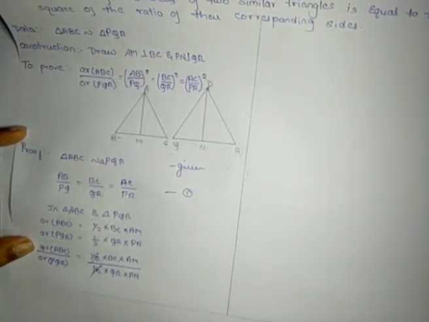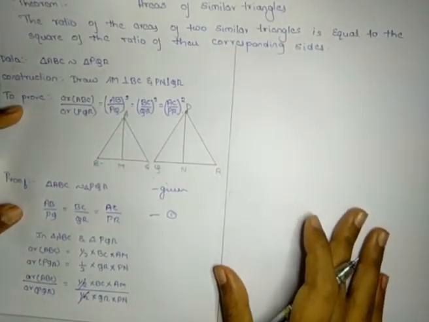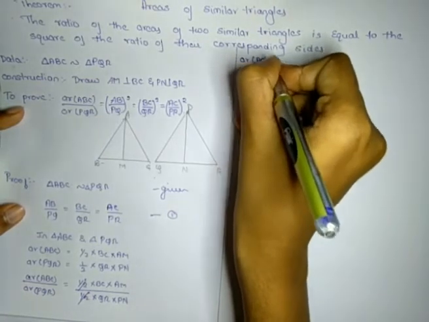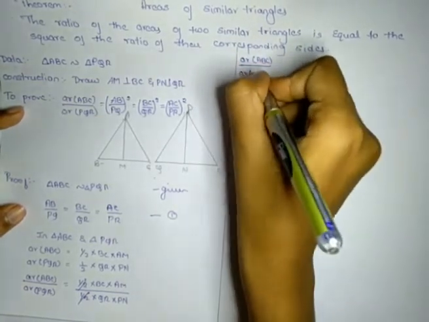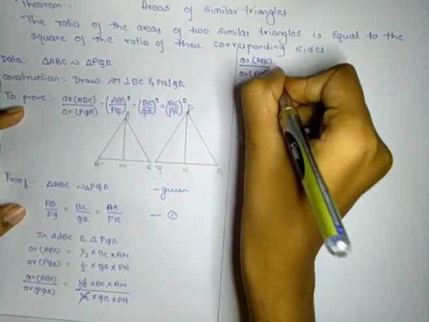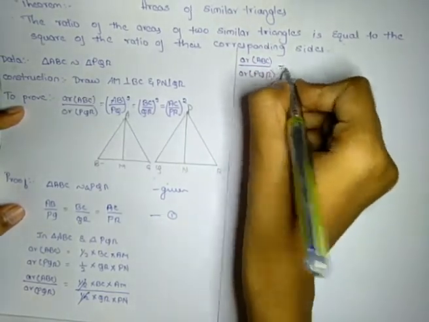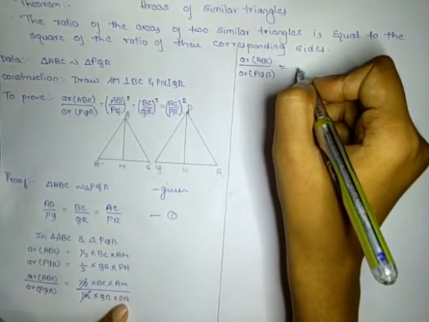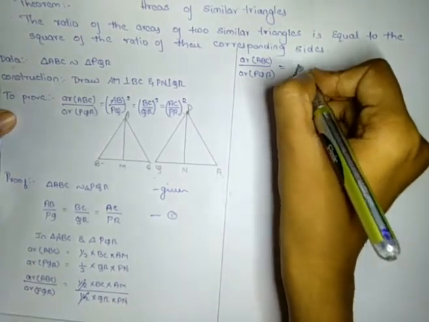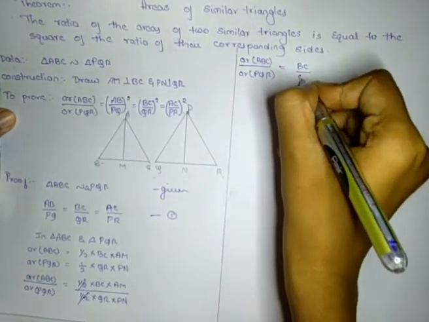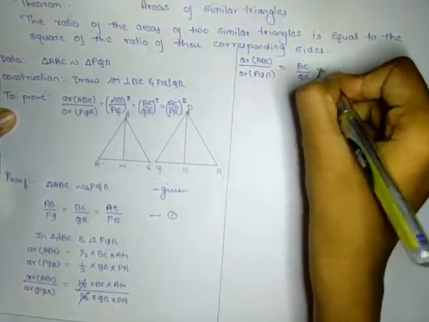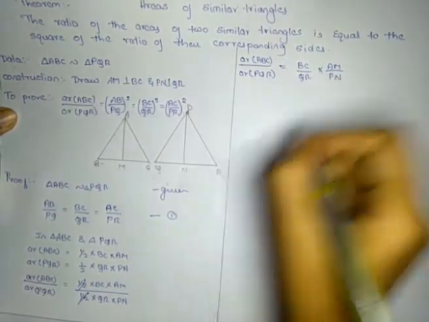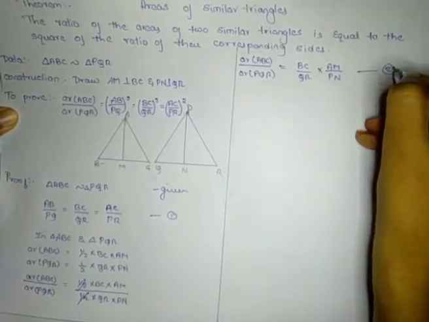Now the halves cancel. So area of triangle ABC divided by area of triangle PQR is equal to BC divided by QR into AM divided by PN, right? We'll call this equation 2.